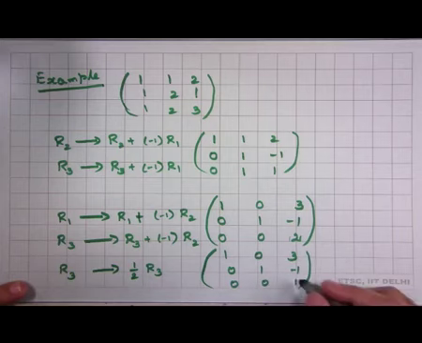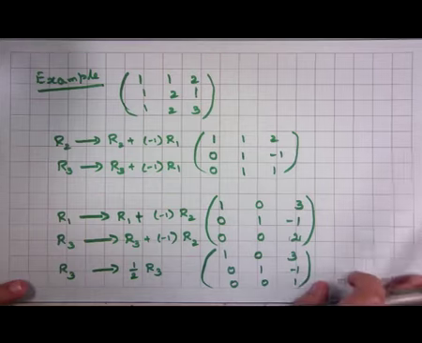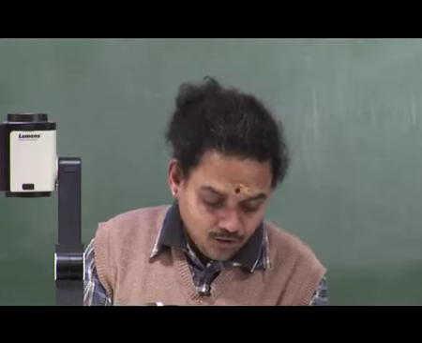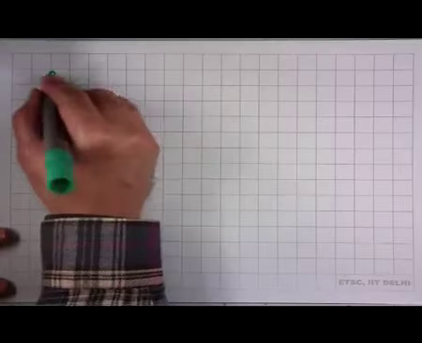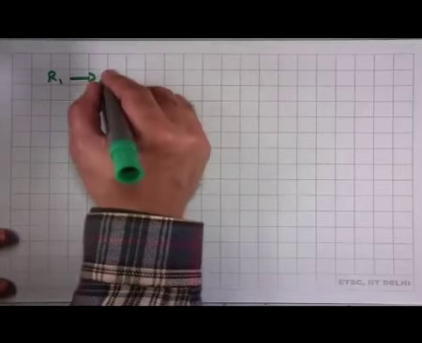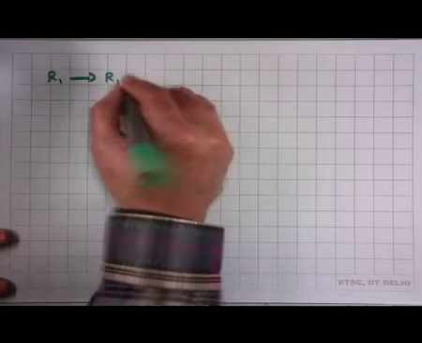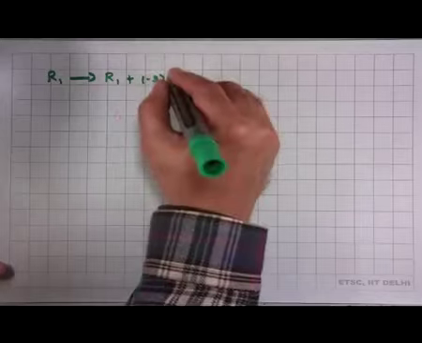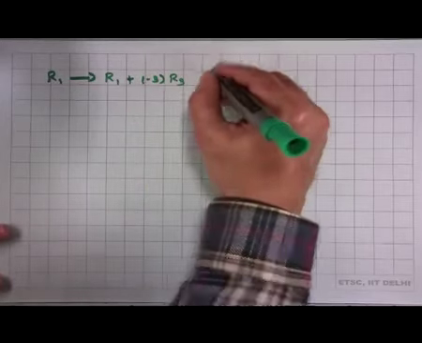I will have to make the other two elements 0, which are minus 1 and 3. So, let me just convert them into zeros. What I will do is replace R1 by R1 plus minus 3 into R3. So, what will I end up with?